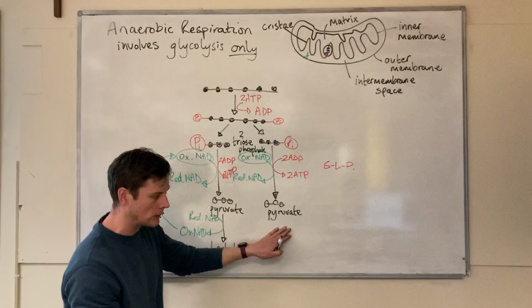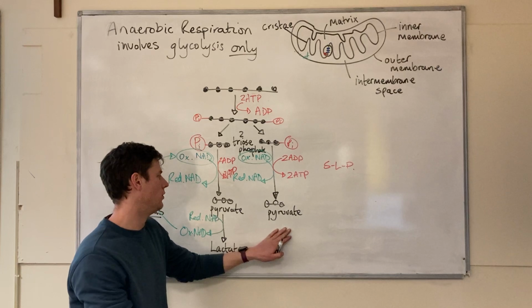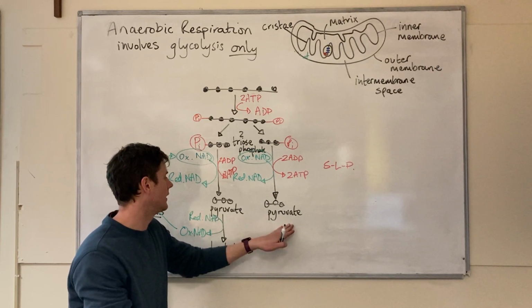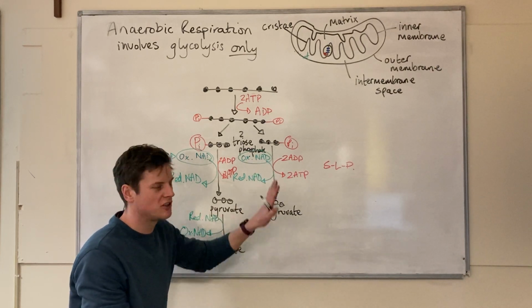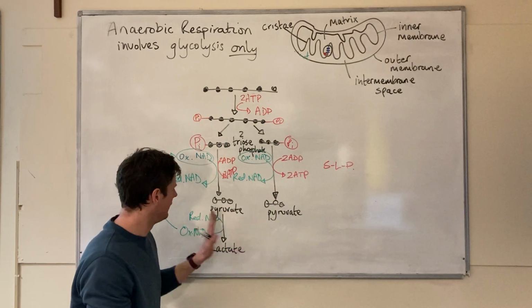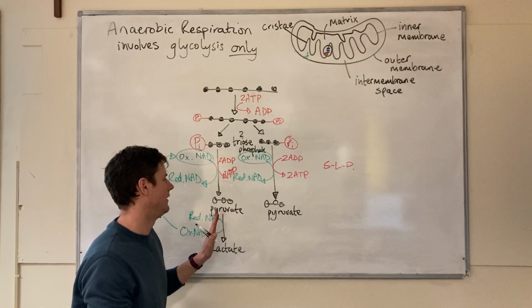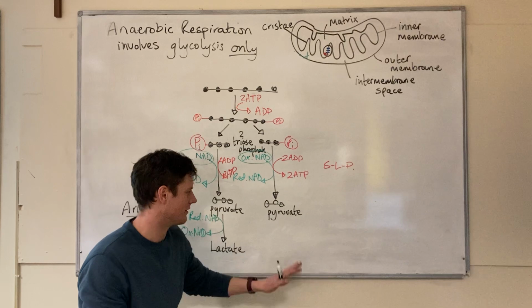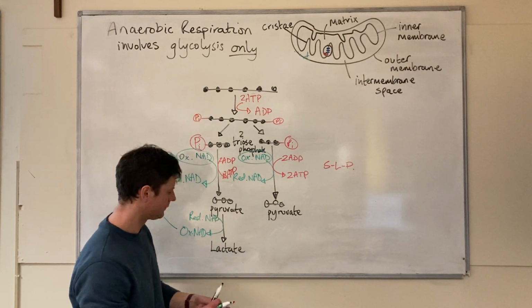Now I'm not going to draw this all out again for some plants and fungi. You're going to have to imagine that on this side of the diagram we've got plants and fungi.